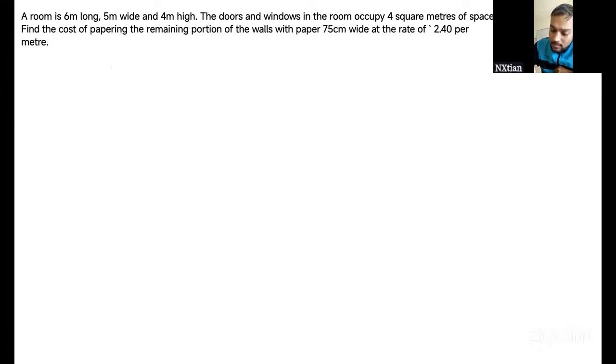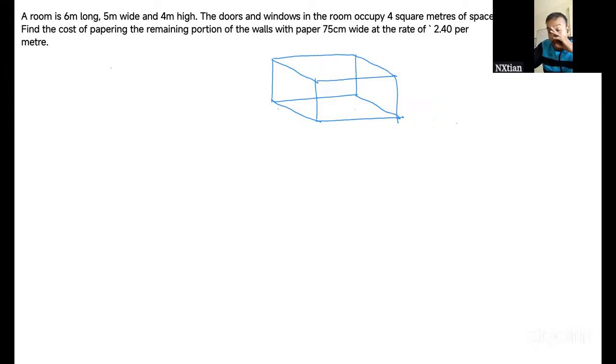Okay. So how will you do this? See, for example, this is a cuboid, and we have to put this roll around the walls.